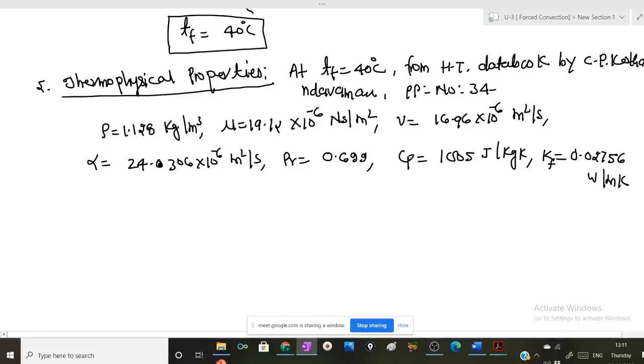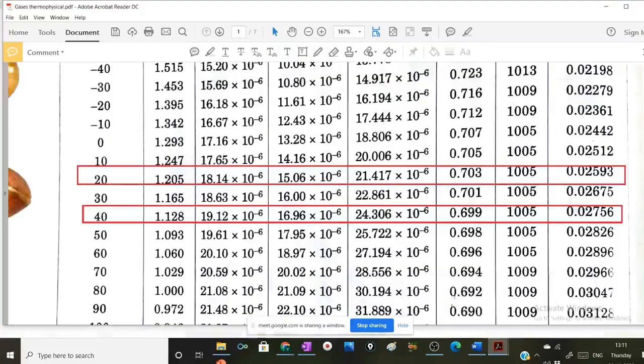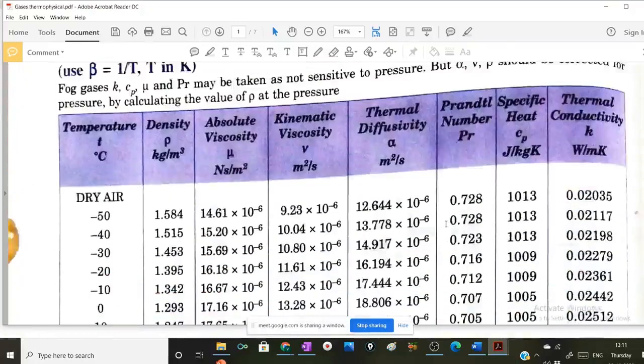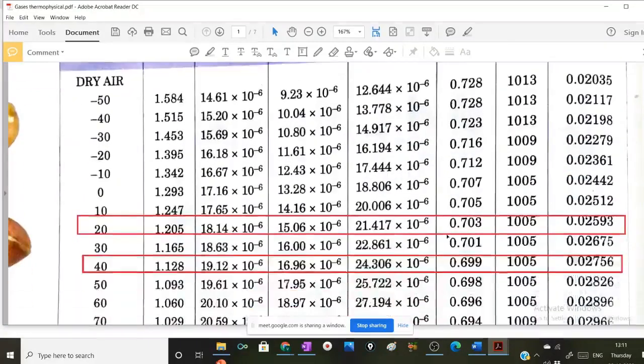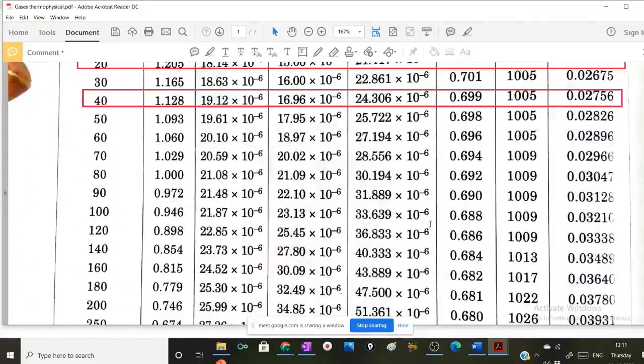So this way I could find out all the thermophysical properties from this data book from page number 34. So this is the utility of this table.